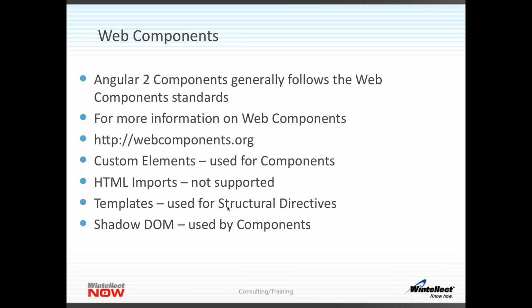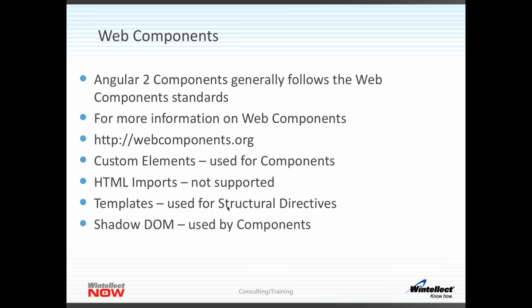With Angular 2, though, with their components, what they decided to do was take the approach of actually going down the web components path. Now, there's actually 4 different specifications which comprise web components. We're not going to talk about the details of any of them, but you will see elements of 3 of them show up in your Angular 2 application. The use of custom elements, which we'll actually be making use of today. The use of templates with structural directives. You won't see that directly in our demonstration, but behind the scenes, you could actually make use of that if you wanted to.